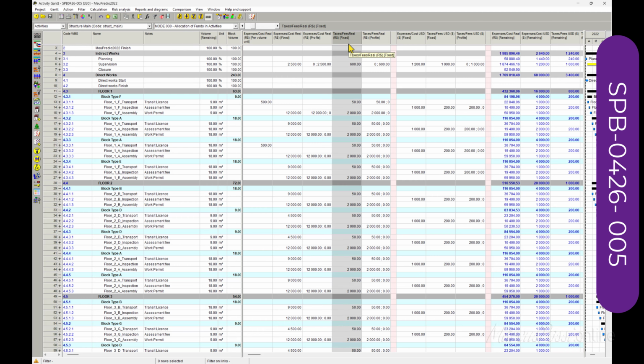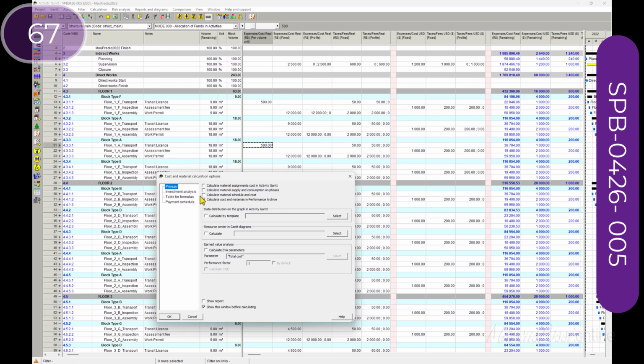Tax fee fixed on spot. It happens here, but when you apply 500 reals per volume, the calculation will be done automatically. Let's check it. Calculate material, calculate supply, calculate everything.